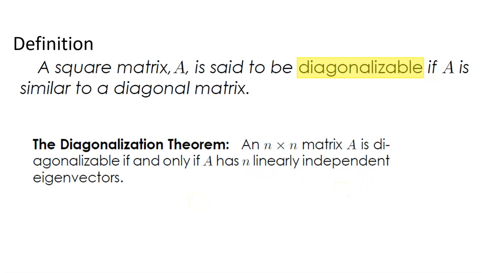So now think about this. Each eigenvalue has at least one eigenvector. So if you have n different eigenvalues, then you're going to have n different eigenvectors, and they will be linearly independent. Okay, so we're going to do a proof of this only because it helps you see how to find the diagonal matrix and the similar P matrix.